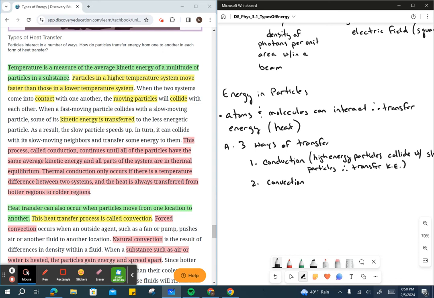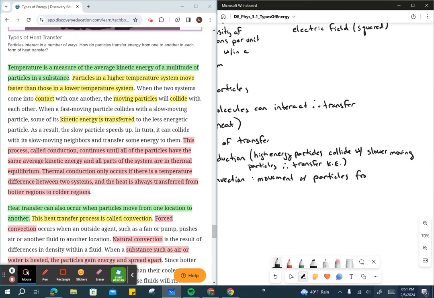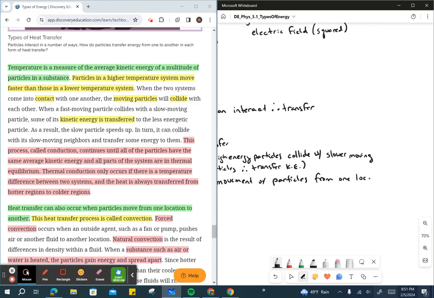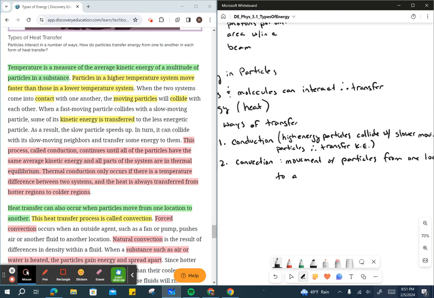Convection, we said, on the other hand, is when you have the movement of particles from one locale or location to another based on density, right?